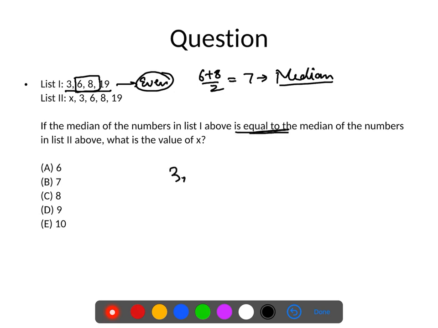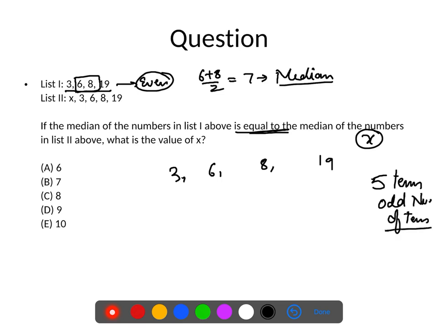Now in the second, if you see 3, 6, 8, 19 and there will be one more term x. So the total is 5 terms, that means the number of terms is odd. So when the number of terms is odd, the median will always be the middle value. Okay.